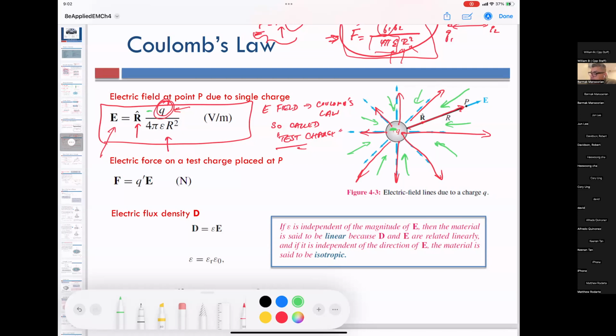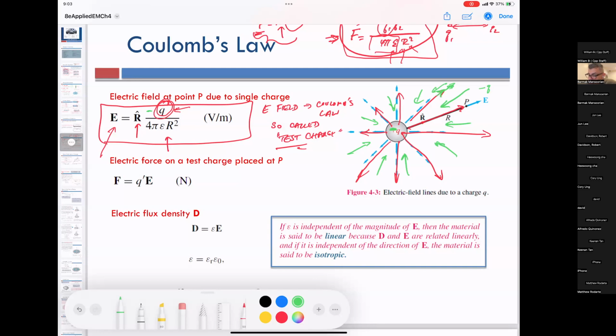One way to look at the electric field lines is that with a positive charge, the field lines would push you away, along the direction of the electric field. And if you had a negative charge, you would get pulled in the opposite direction of the electric field.